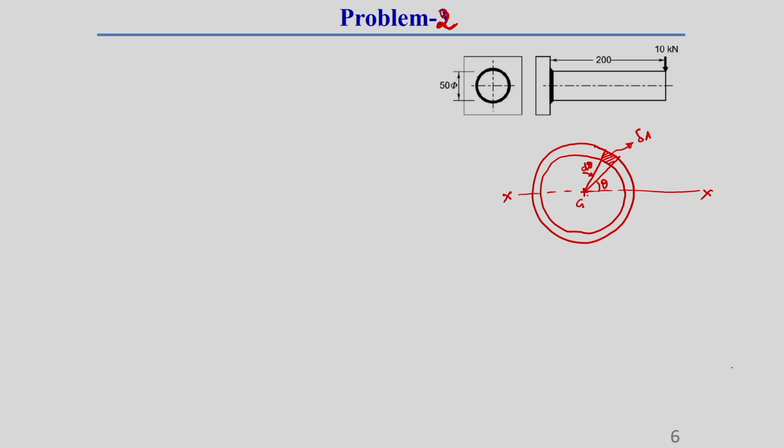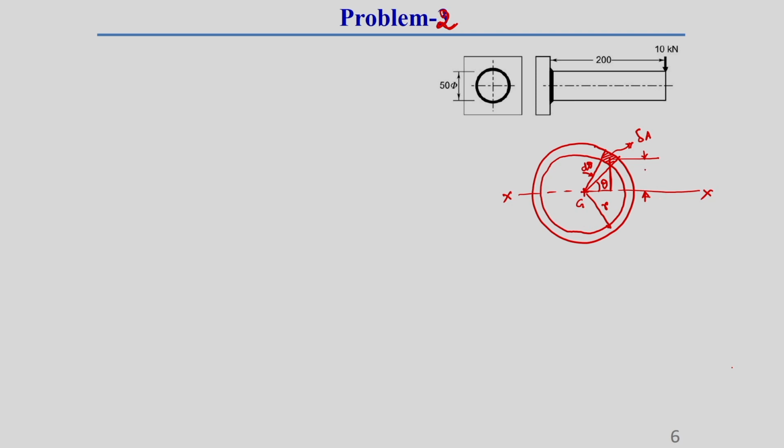Now, the radius of this shaft, or you can say the circular weld, or annular type of weld, is given as r. Here r is generally considered as d by 2. What is the distance of this small elemental area delta A from the x axis?